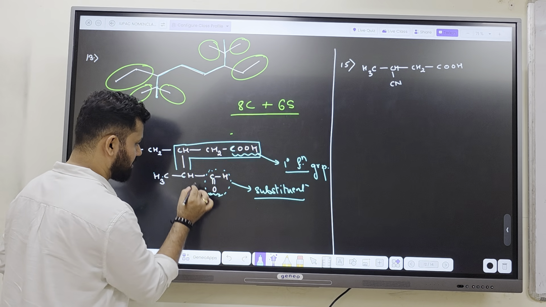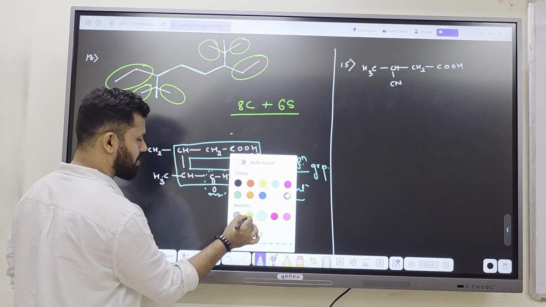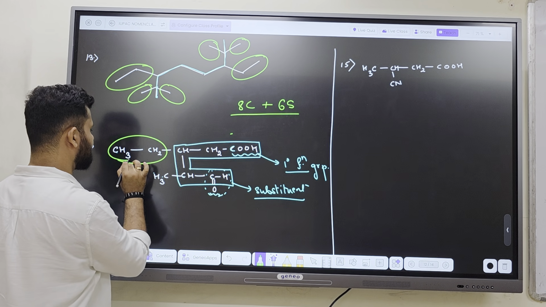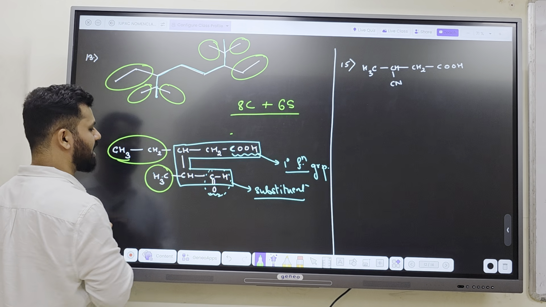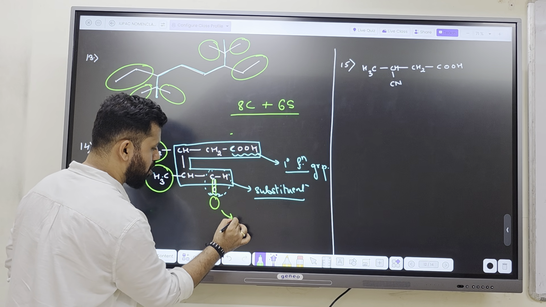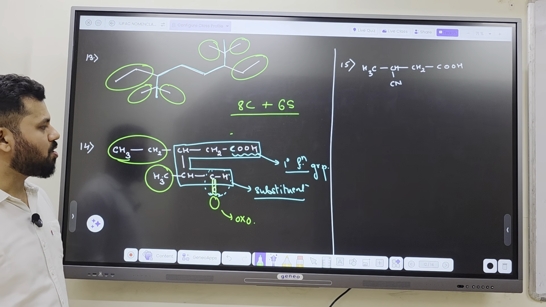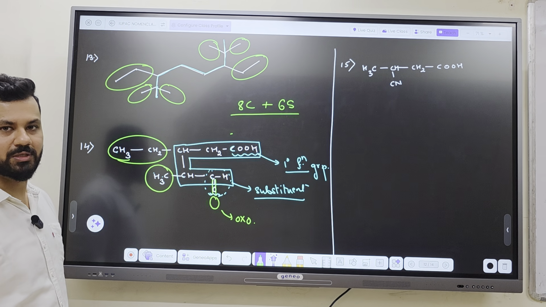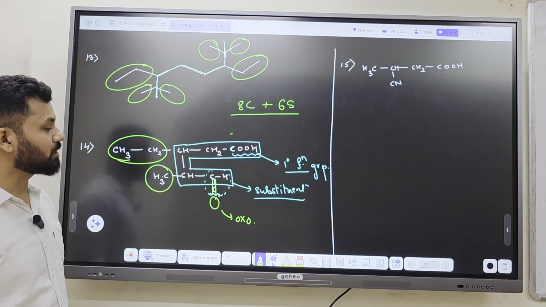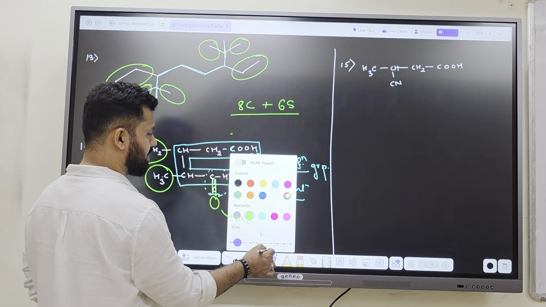But if you turn left, then you would have 1, this is ethyl substituent, 2, this methyl substituent, and this double bond O, which is called oxo substituent. So total 3 substituents. This is therefore the correct way of selecting PCC.